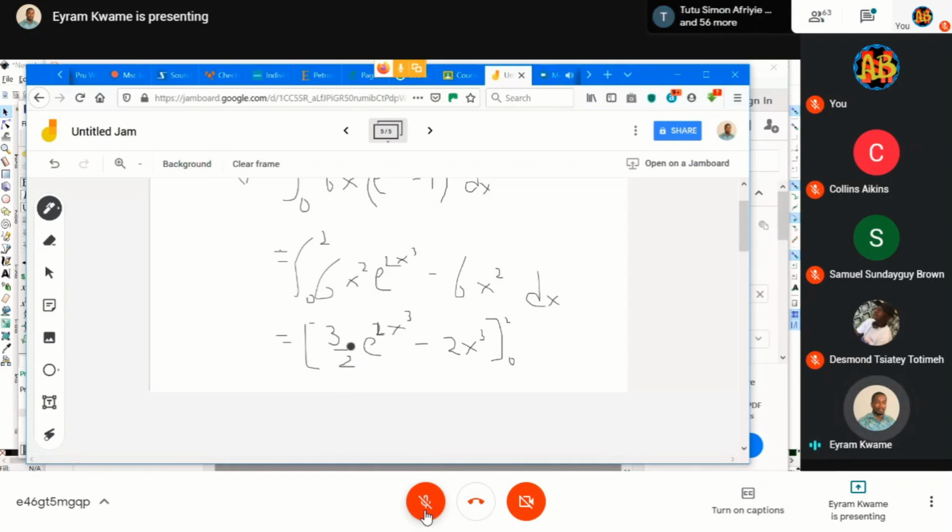If I integrate this, I get this, because if I differentiate this, I'll get this back. If you differentiate what is here, will you get this?